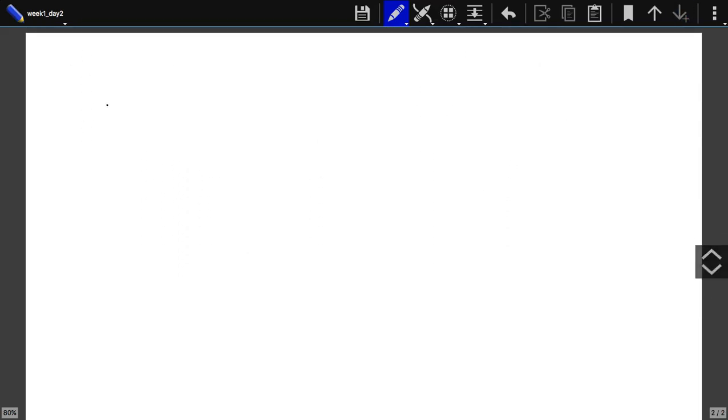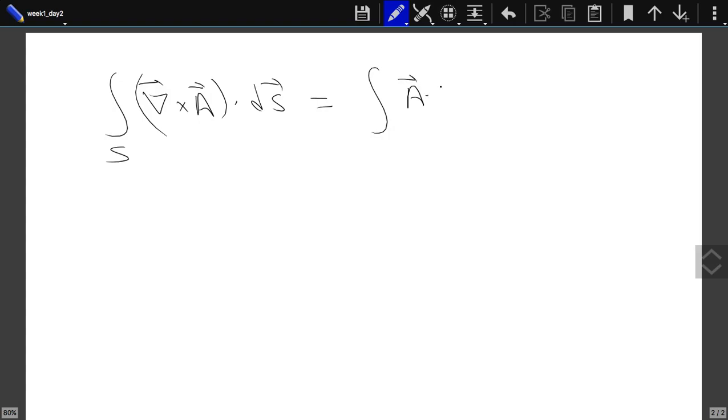Now let's look at the curl. We have this expression, curl of any vector field. We can integrate it over a given surface. This is any surface that you can imagine. This is equal to the integral of the vector field over the boundary.